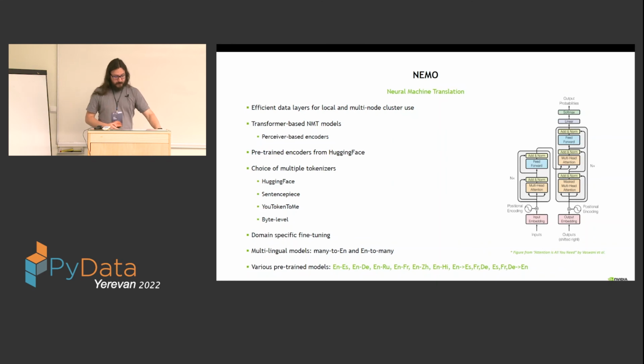So you can do fine tuning on your domain specific tasks. There are a few multilingual models, so many to English and English to many, and also just bilingual models, quite many of them. But unfortunately, we don't have Armenian for now.